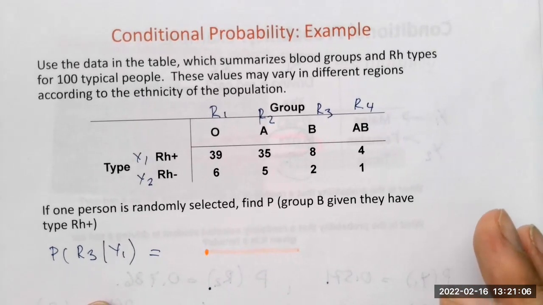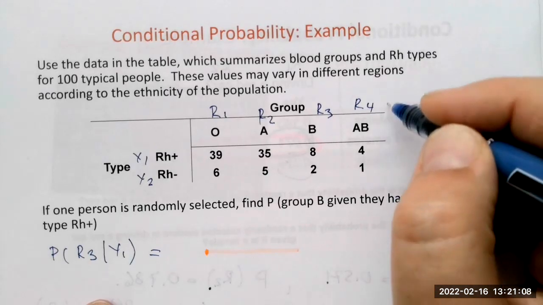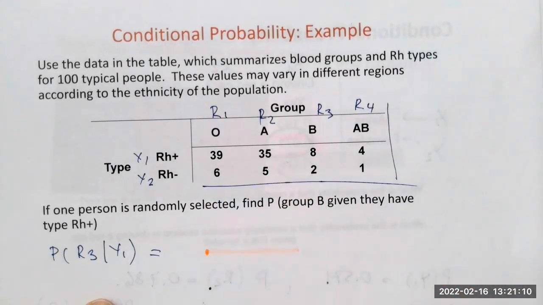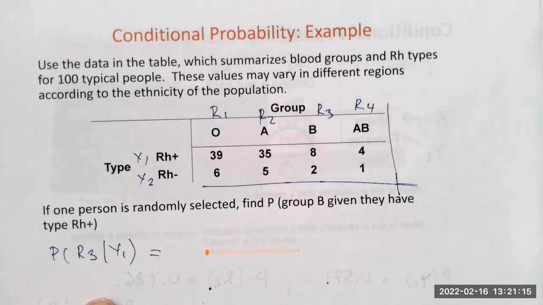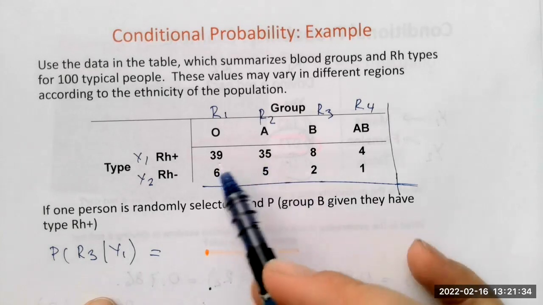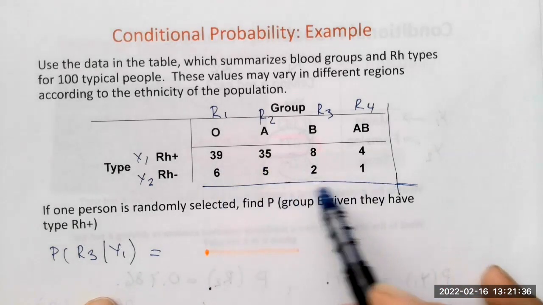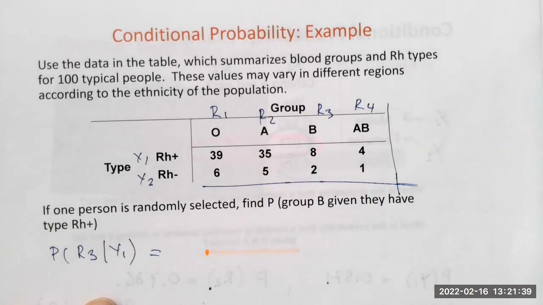Again, we can either use counts or we can use relative frequencies. Either way, I need my marginal totals in order to answer those questions. Now, I think it would be too much to convert all of these into relative frequencies, so I'm just going to stick with marginal totals for this problem.